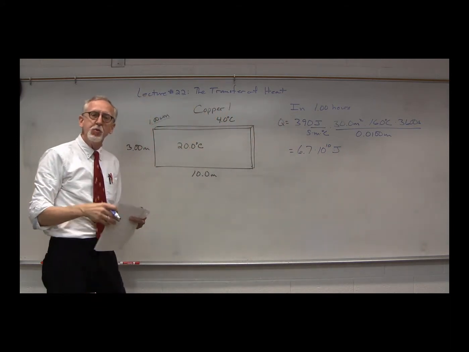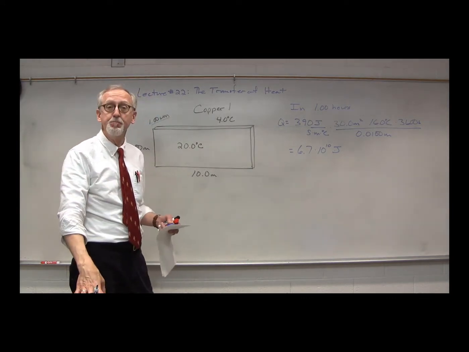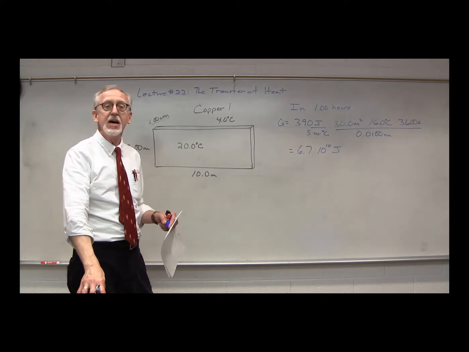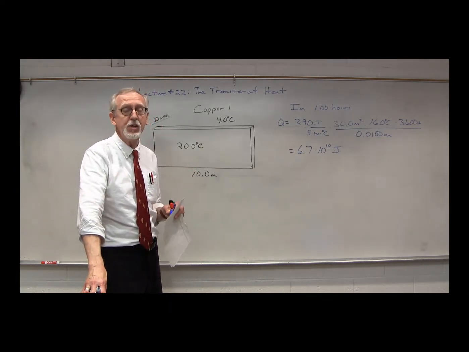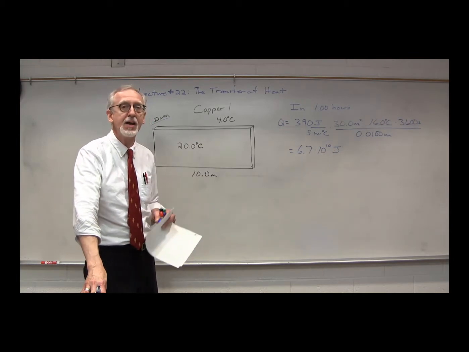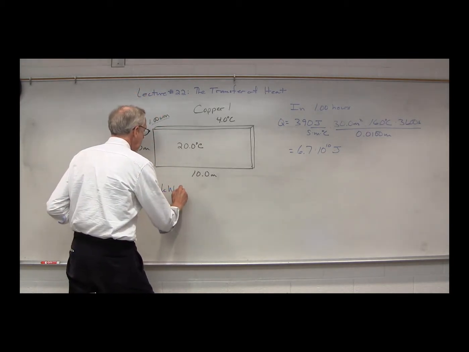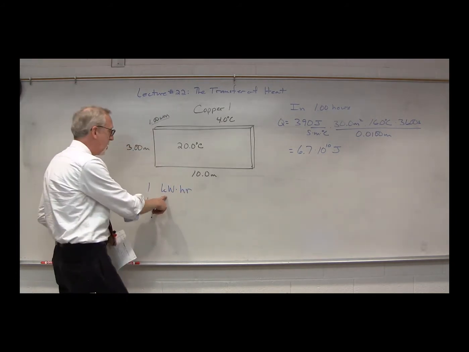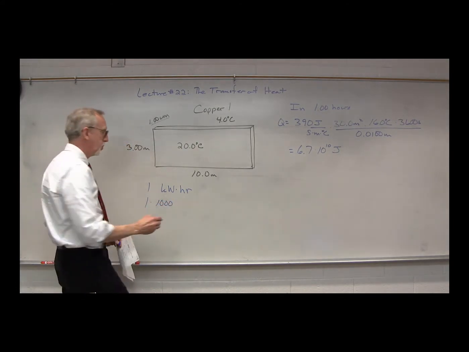Now, if this were actually going to be something that might show up on an electrical power bill or something like that, electricity bills are usually listed in a different unit of energy called a kilowatt hour. Now, what is a kilowatt hour? 1 kilowatt hour, well, that is a kilowatt. A kilowatt is 1,000 watts, and a watt is a joule per second.